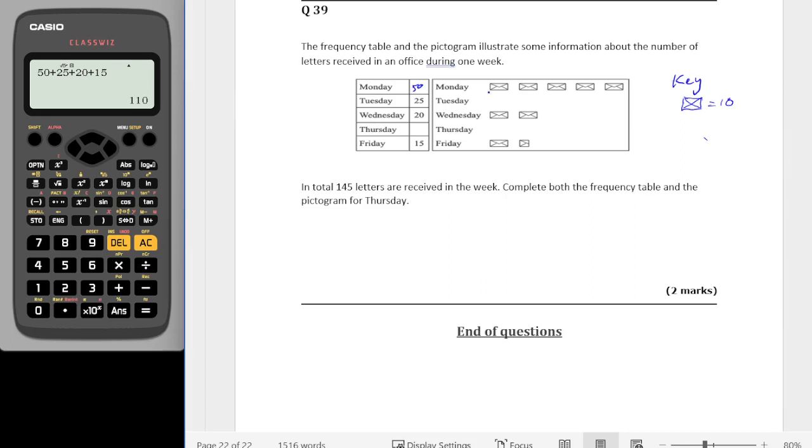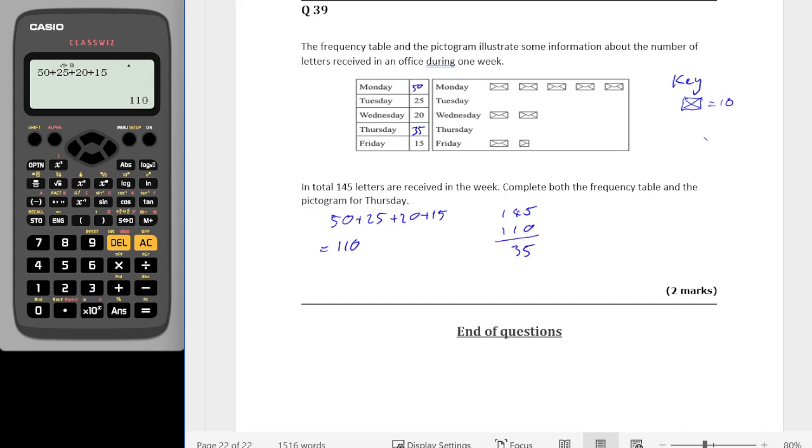And from there, what we can do is we can say that the total number of letters received so far is 50 plus 25 plus 20 plus 15, which you can see I've just done on my calculator already, is going to be 110. So we know that 110 have been received. So the missing value for Thursday is going to be 145 minus 110, which gives us 35. So 35 is going to go there.